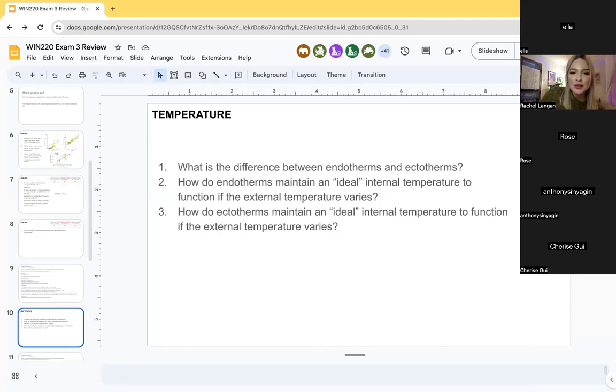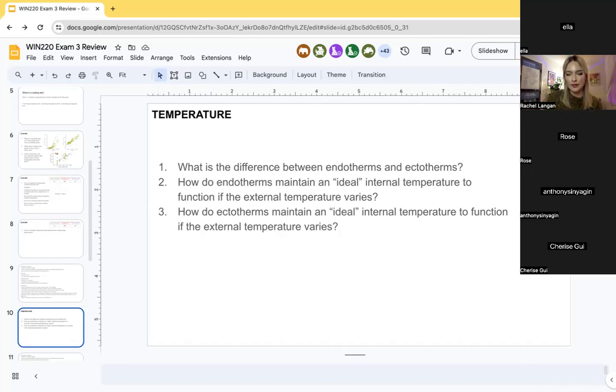How do ectotherms maintain ideal internal temperatures to function if the external temperature varies? So they're going to do more behavioral things. They can't change their metabolic rate in response to changes in external temperatures. They're going to have to move to different areas.